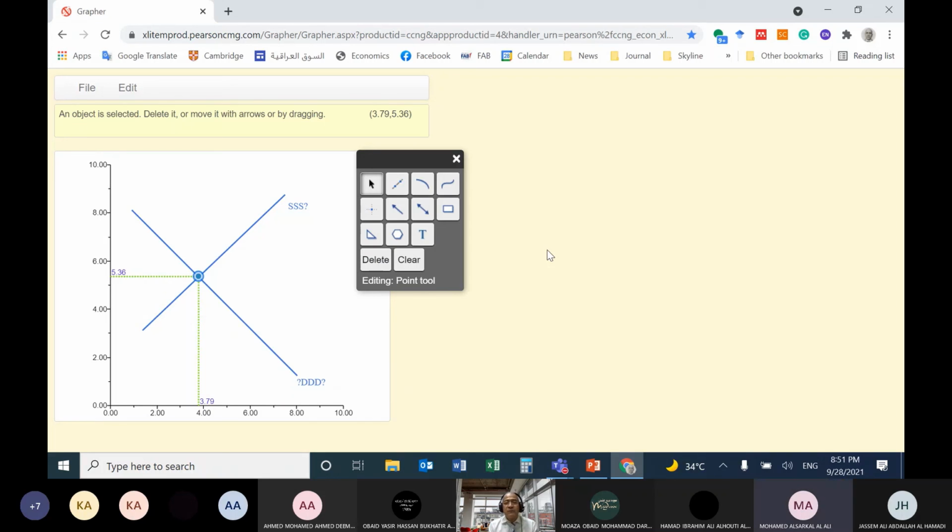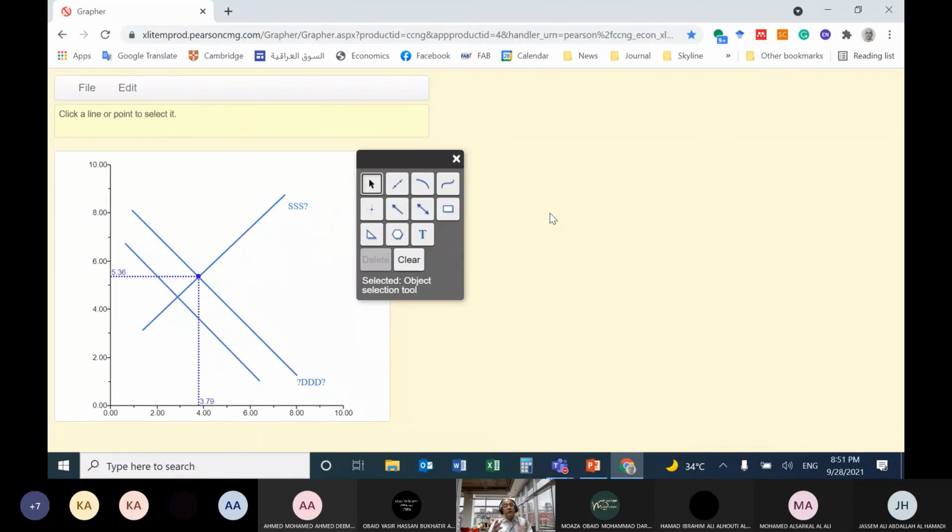So the attitudes towards tomatoes become less than before. That will most probably affect demand. Do you think demand will increase or decrease? Decrease. Will the demand curve shift to the right or to the left? Left. Well done. So this demand curve will shift to the left. This is a new demand curve.